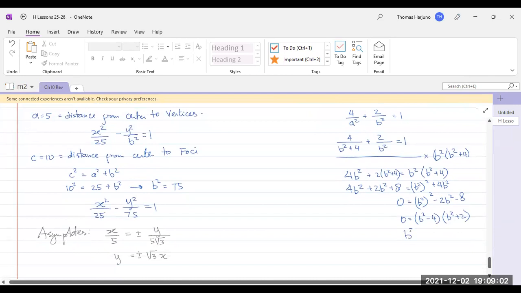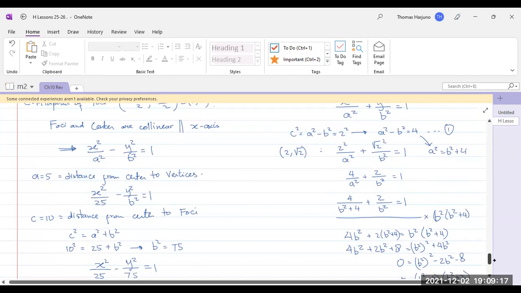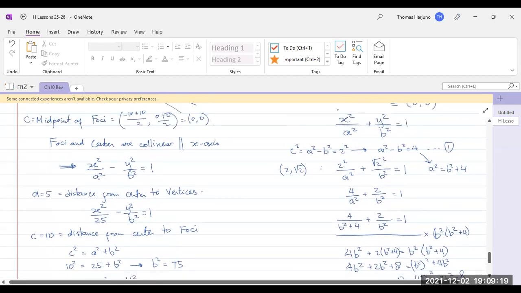So we get b squared equals 4, or b squared equals -2, but no, that means b is an imaginary number, right? And notice that we just need to find b squared. We don't need to find b, right? The b squared is 4.